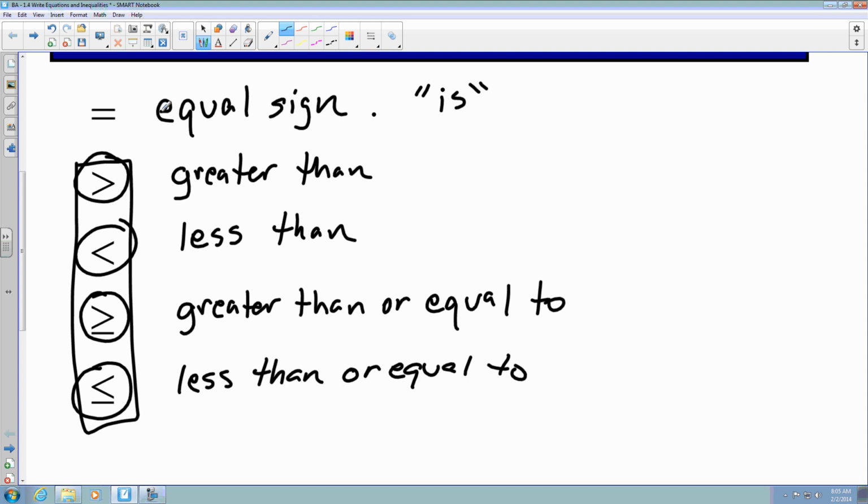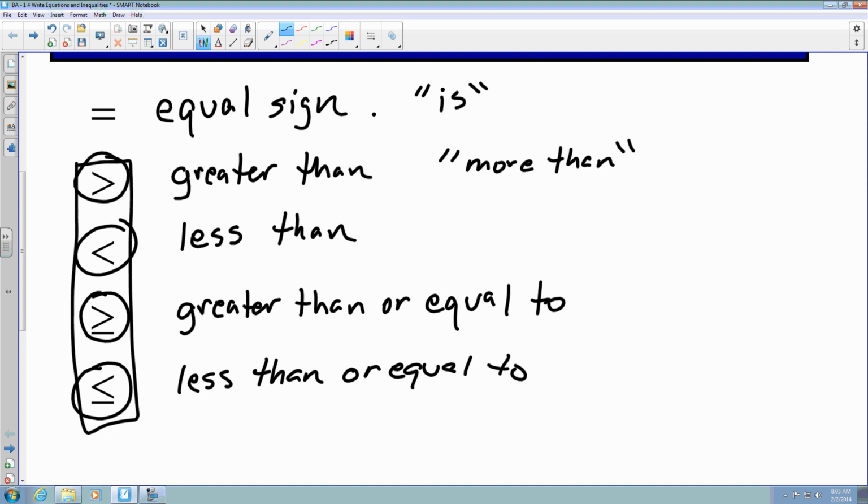So, like with the equal sign, I said "is" was a tell to show in any type of open sentence. When we look at greater than or less than, some of the things you'll see is maybe for greater than, it would be like "more than."